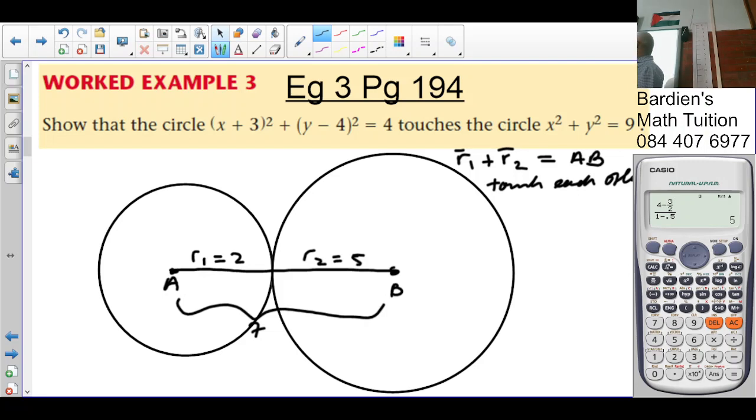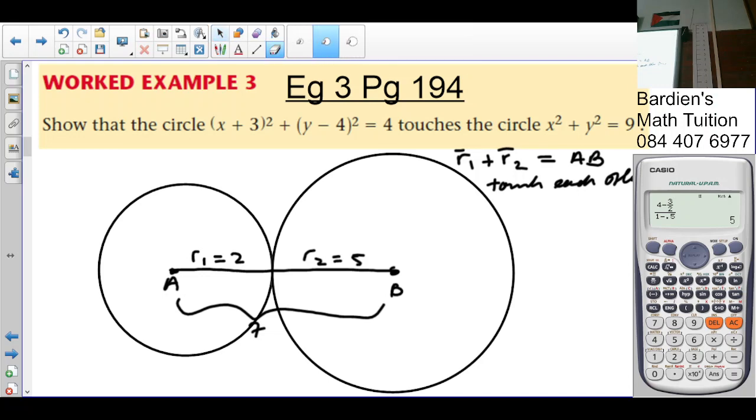So if radius 1 plus radius 2 is equal to the distance between the centers, then the circles touch each other at one point only. Can you see that, people? Does it make sense? Alright.